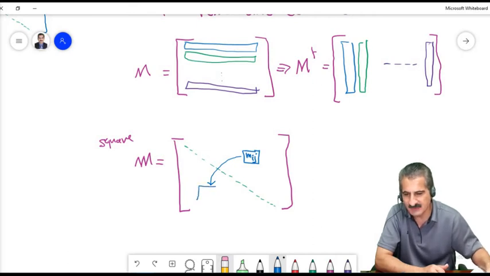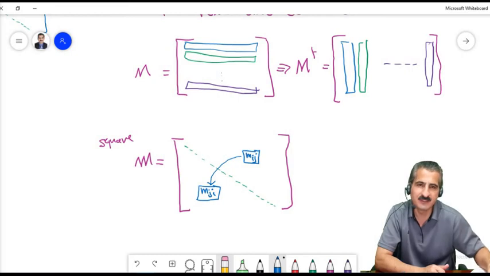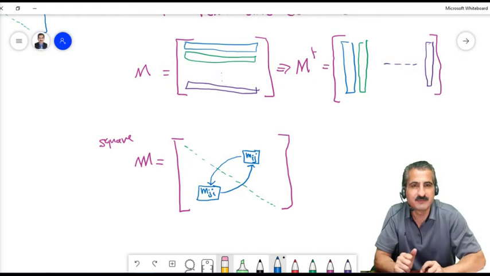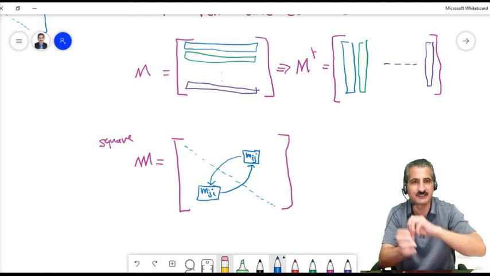So this will be moved to the place of Mji. Ith row, jth column will be moved to the jth row, ith column, and the opposite. So these two elements will interchange places, which is the same as saying rows and columns are interchanging.